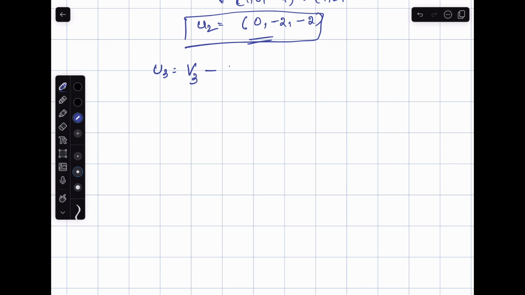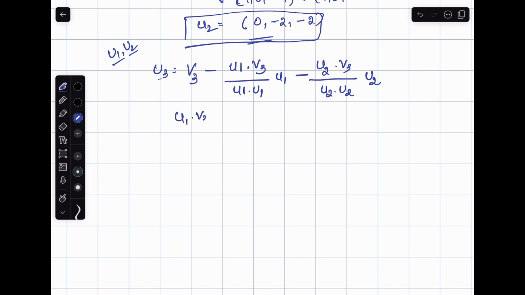You have to use both of these with the third vector. So it is v3 minus (u1 · v3) divided by (u1 · u1) times u1, minus (u2 · v3) divided by (u2 · u2) times u2. It is a straightforward method, apply and get the answer.